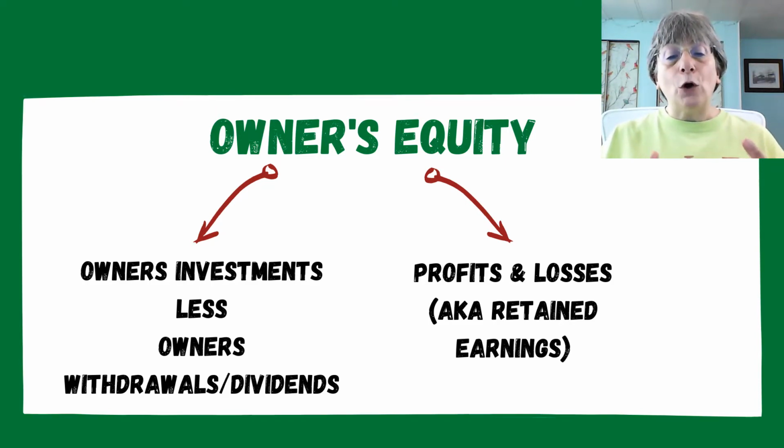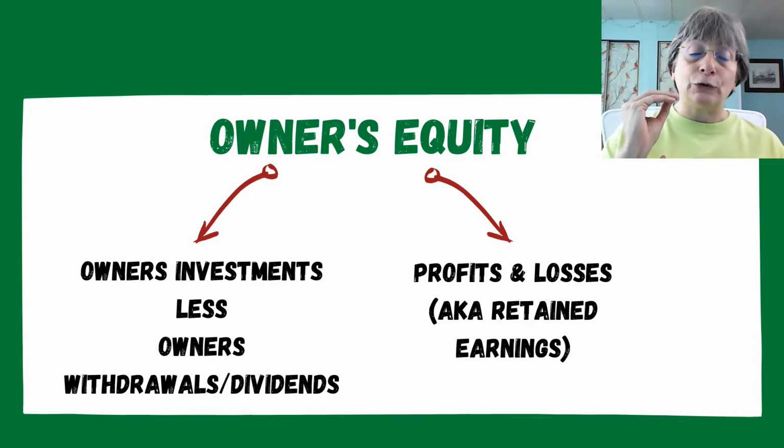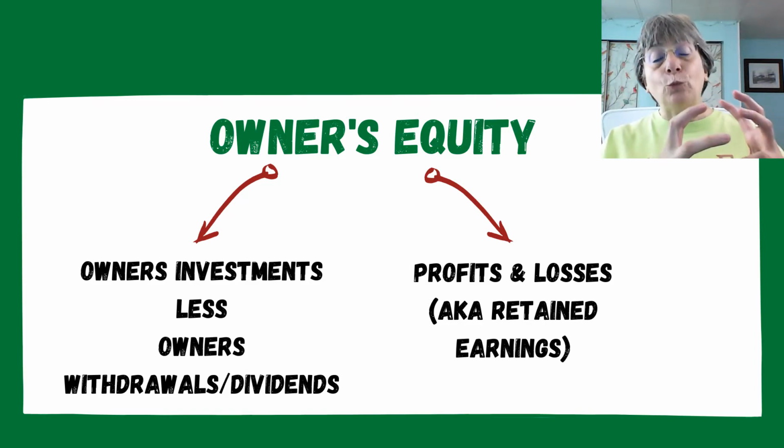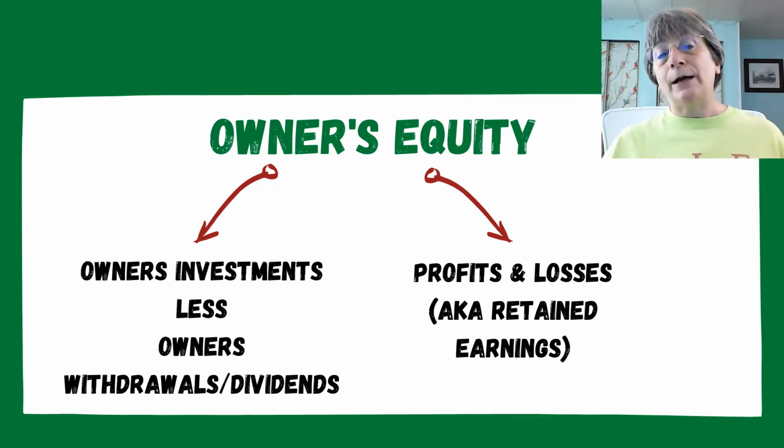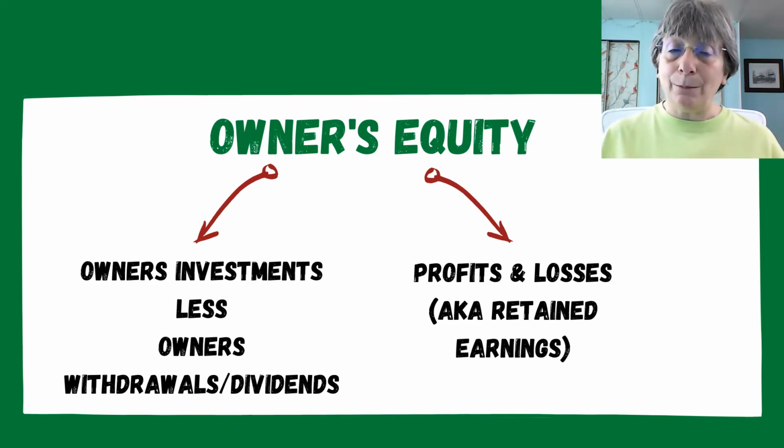Now, if you as an owner take money out of the business in the form of an owner's withdrawal or dividends, then that is going to reduce your owner's equity. Okay, so owner's investments minus owner's withdrawals or dividends is one portion of our owner's equity picture. Now, the other side of that is that we are not in the business of not making money, right?